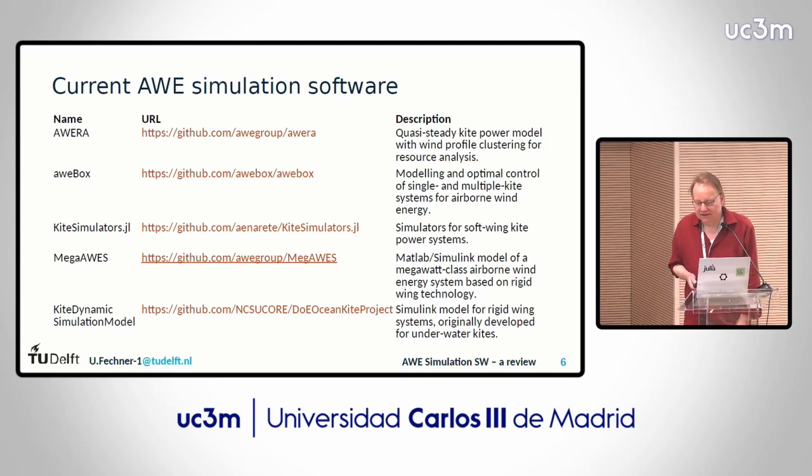And then we have a kite dynamic simulation model from the US. It was originally developed for underwater kites, but it now also works with all kinds of airborne wind energy systems based on Simulink. So yeah, probably accessible for university people, but not so much for others.